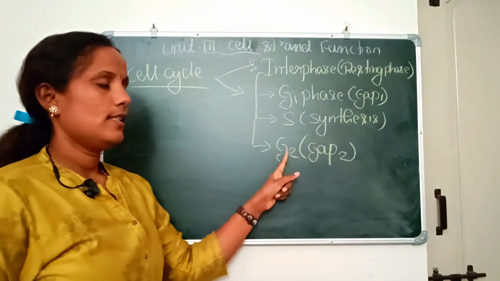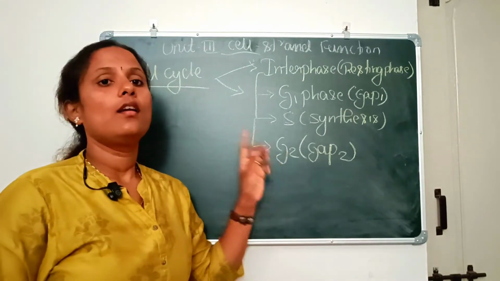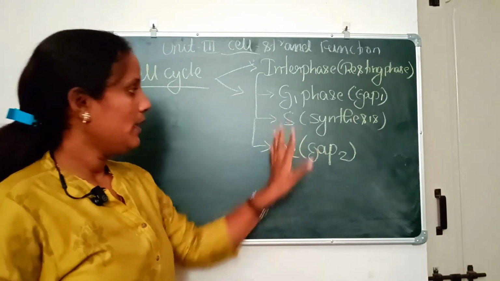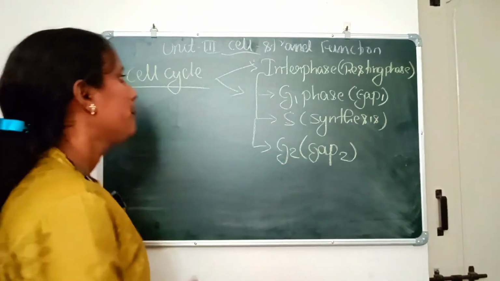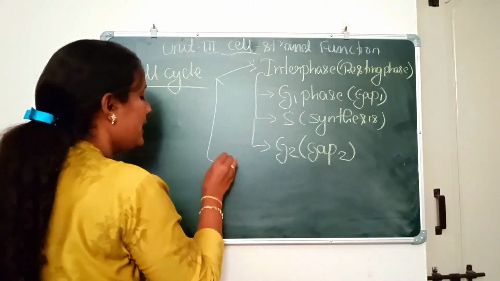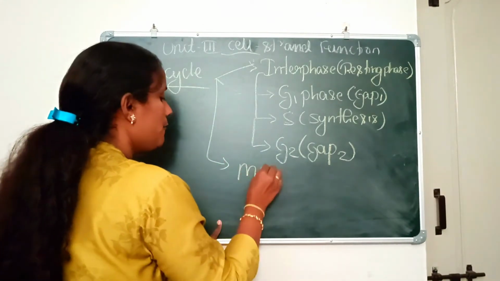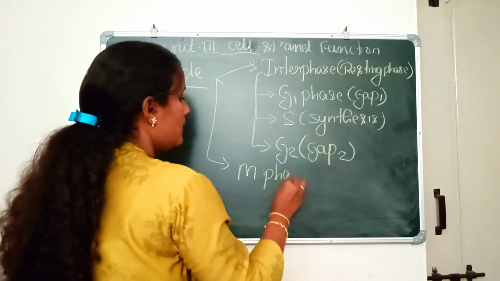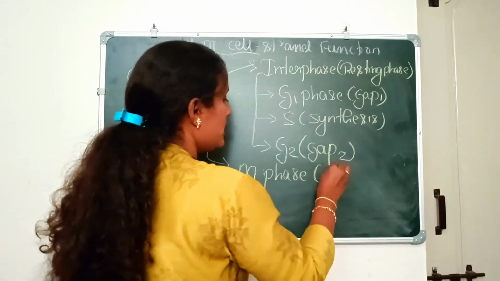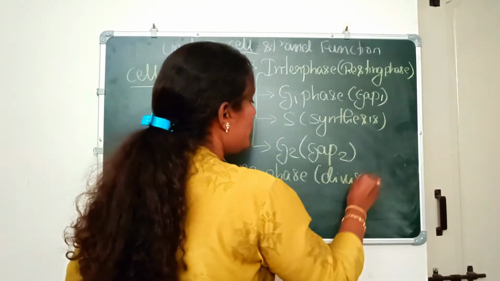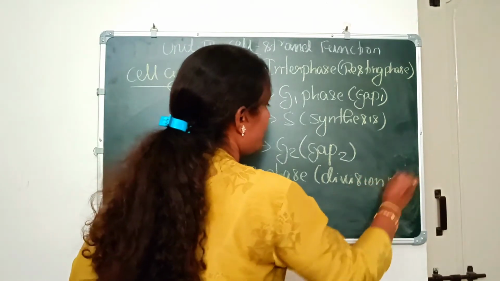During these phases, there are particular processes which are taking place. We shall take them in detail. And the second phase is the M phase, or we can call it division phase.